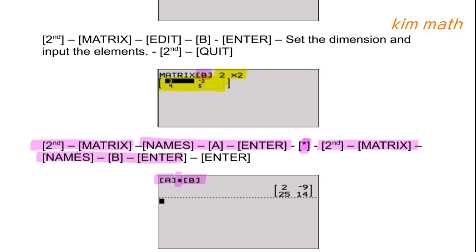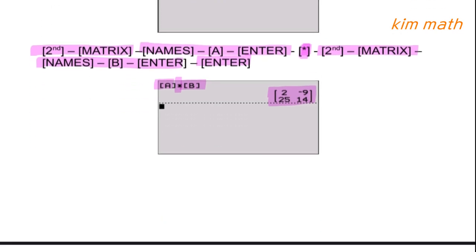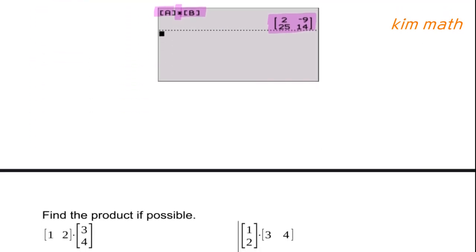If you press enter one more time, you can see the result of multiplication. Okay, that is the same as our previous example. Good. This is not a complicated process. If you practice a couple of times, you can use your calculator anytime very easily.